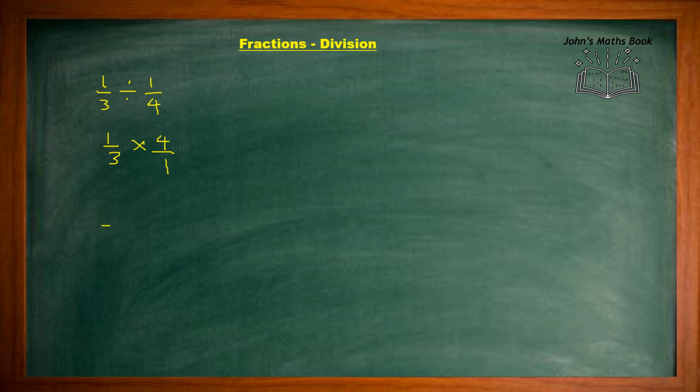So that's 1 times 4, the two numerators multiplied together, and 3 times 1, the two denominators. That gives 1 times 4 is 4, divided by 3 times 1 is 3. So that's an improper fraction, which is 1 1/3.